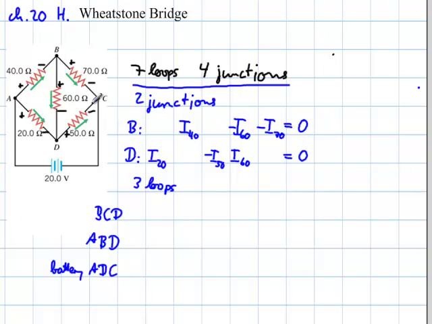So B, C, D. That would mean across the 70 ohm resistor, I would have a drop in potential. So I'm going to have negative 70 I70. Then I go to this one here, and I have a potential increase, so I have a positive 50 I50.